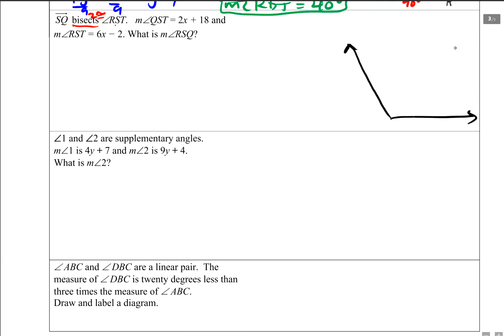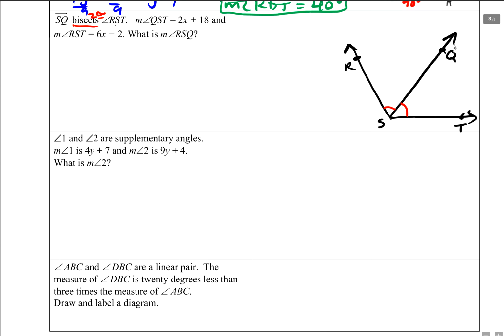And so this is angle RST. Okay, and I know that ray SQ, so that's Q, bisects, so I'm automatically marking those two angles congruent. Definition of bisect.